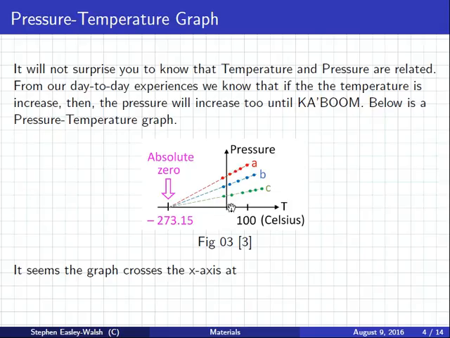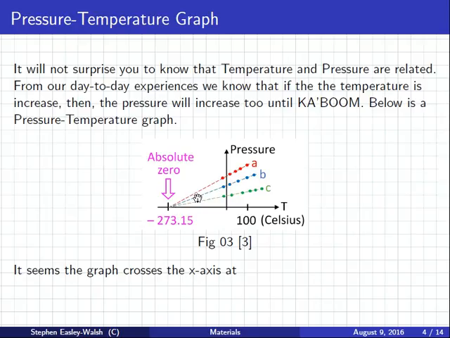So he saw, okay, I heat the temperature up and the pressure goes up. He puts the points on the graph. He did it for a different gas, and put the points on the graph, and a different one, and so on, and he draws a straight line. What he noticed was that for all his gases, the lines all meet back at minus 273 Celsius.